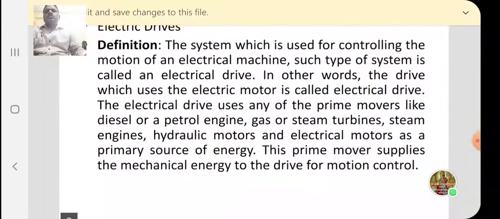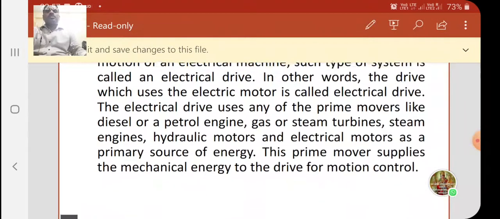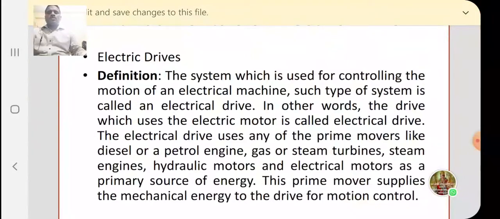Now, the basic idea of drives is the controlling of a motor. So what is the need of electric drives?